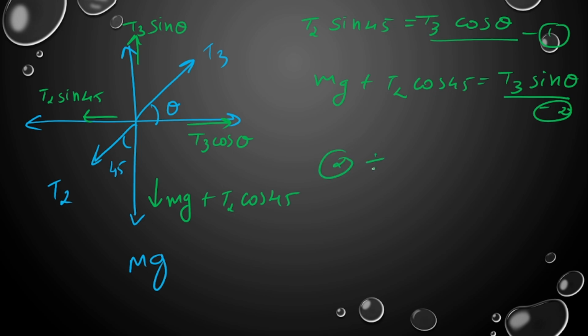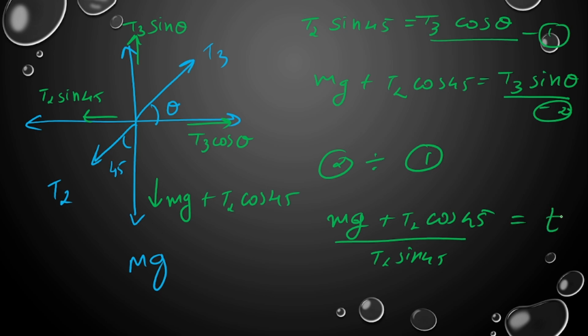We are doing 2 divided by 1. On the left hand side we will have Mg plus T2 cos 45 upon T2 sin 45, equals T3 sin theta upon T3 cos theta, which is tan theta.